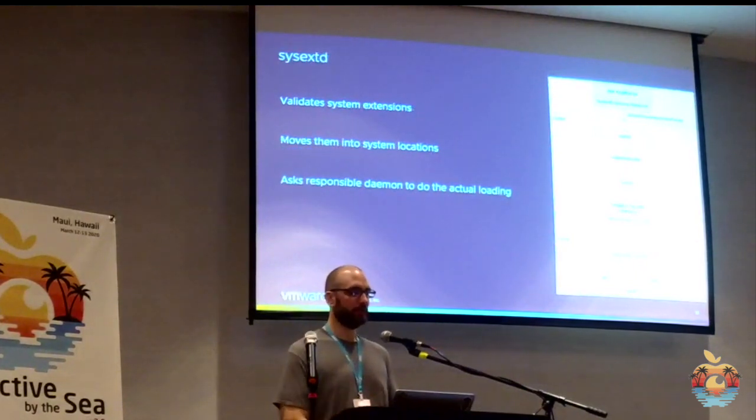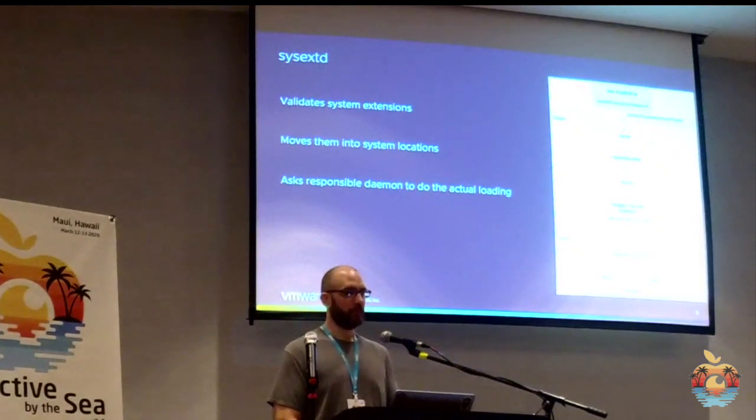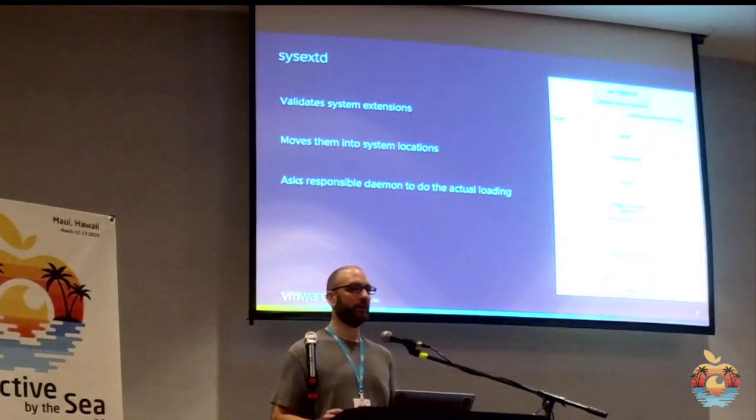Going up again, we get to the system extension daemon. This daemon is interesting. It's got a lot of code for a new daemon. And right now, for the most part, all that code is being used to validate and activate system extensions.